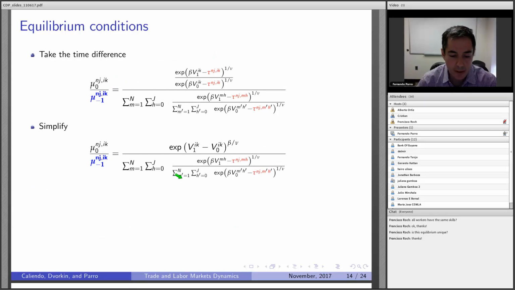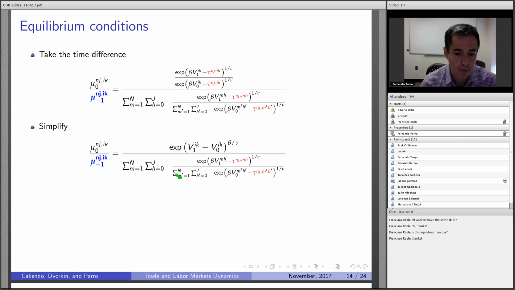If you look at the numerator, because of the exponential function, the migration costs, tau, are going to differentiate out. So the numerator is going to depend only on the differences in the values. Still, we have to deal with the migration cost in the denominator.